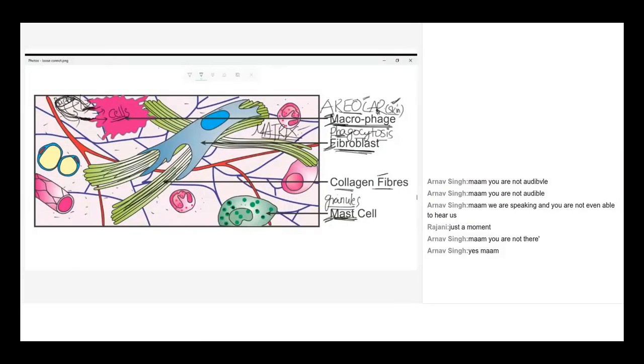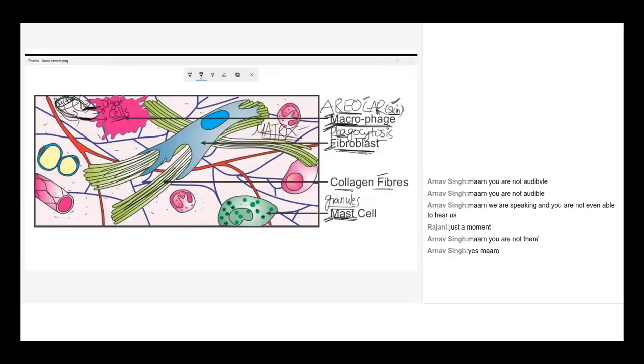The areolar tissue you will find under the skin, and in areolar tissue you have cells called macrophages that are involved in phagocytosis. The macrophages take the bacteria which come into the skin through the layers of the skin, take it away and digest the bacterial cell. So the process is called phagocytosis.